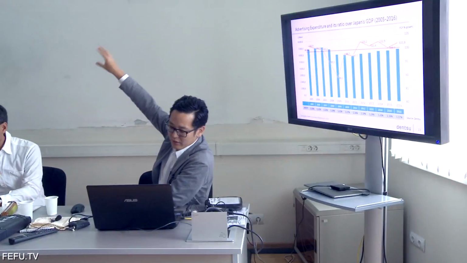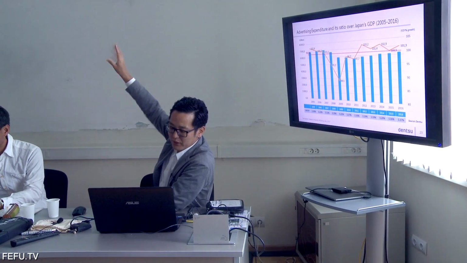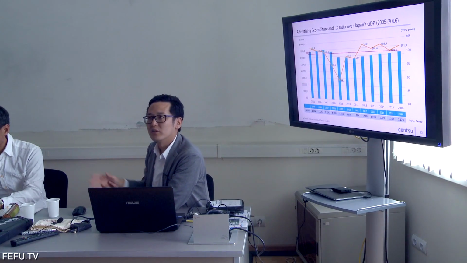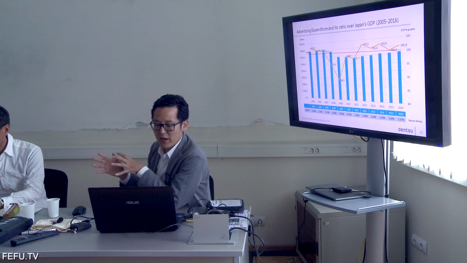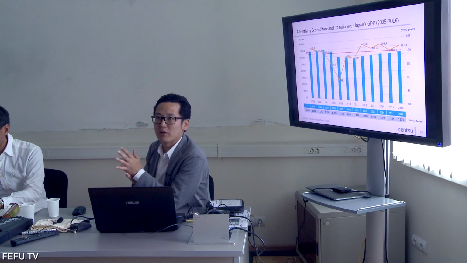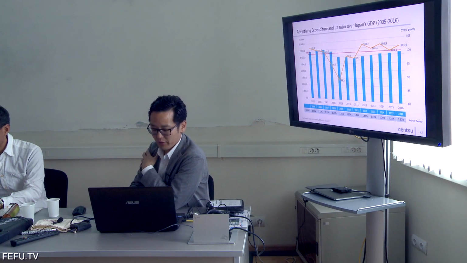But again, it's still lower than the highest year, which was 2007. And advertising over the GDP was about 1.3%, and it's decreasing, but it's still 1.2%. So as you can recognize, the Japanese market is now matured. It's not growing.